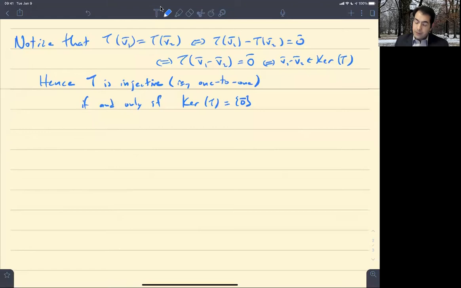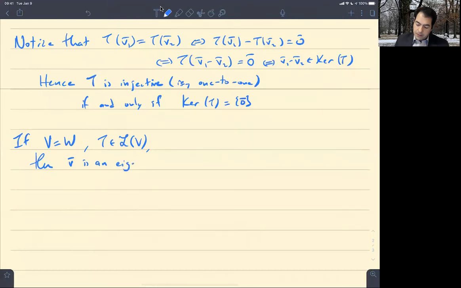Okay. Another place where the kernel comes up a lot is when we're talking about eigenvalues and eigenvectors, right? So let's say that V is equal to W, right? And T is a linear map from V to V. Then V is an eigenvector of T with eigenvalue lambda.